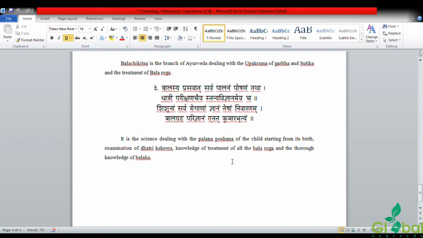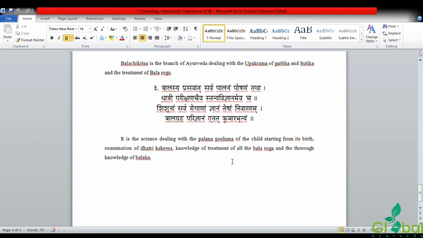Shishunam sarvaroganam gnanam tesham nivaranam: all the diseases occurring in the shishu and also their chikitsa, and balagraha parignanam. Etat kumarabhrityam.